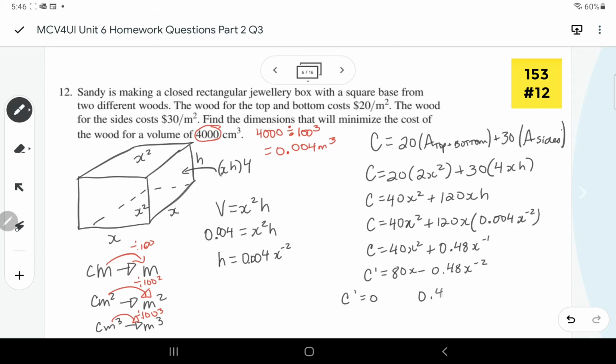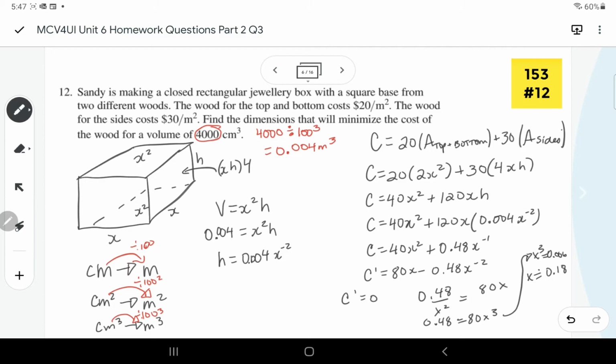So 0.48 over x squared equals 80x. 0.48 equals 80x cubed. So that's 0.006. And x there is approximately 0.18.